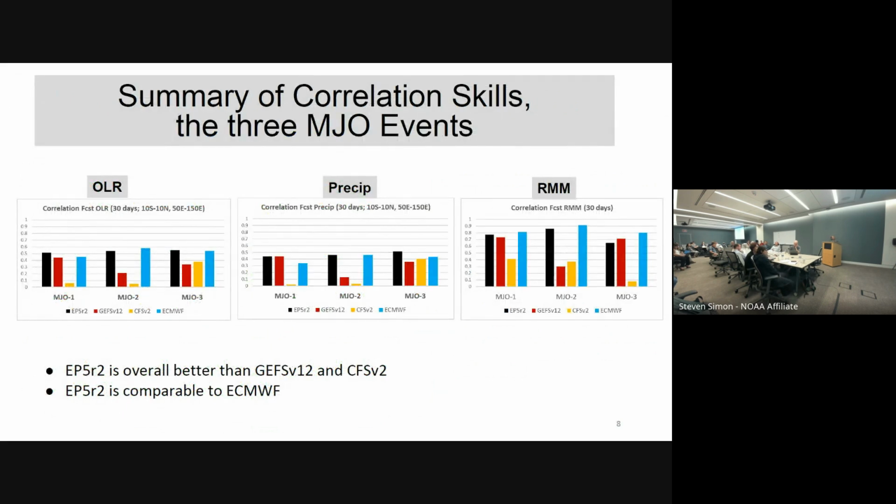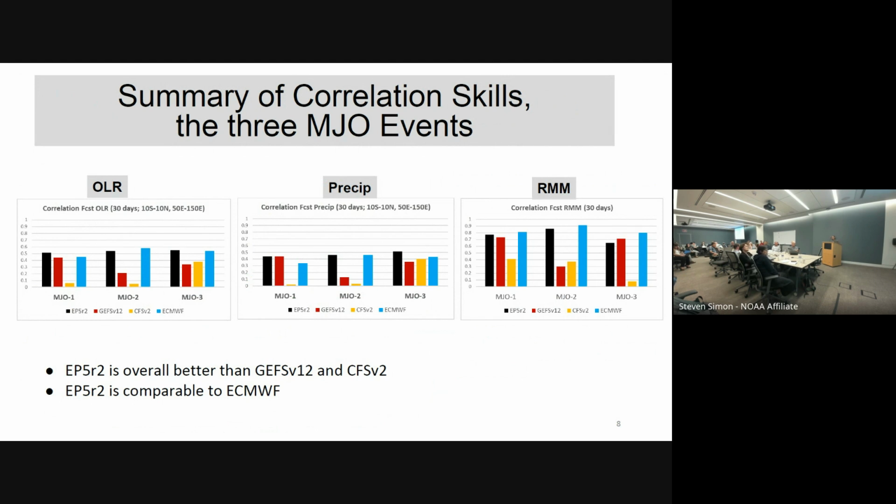Okay, this slide is a summary of correlation skills for these three MJO events. The left panel is for the OLR, the middle one is precipitation, and the right one is the RMM index.